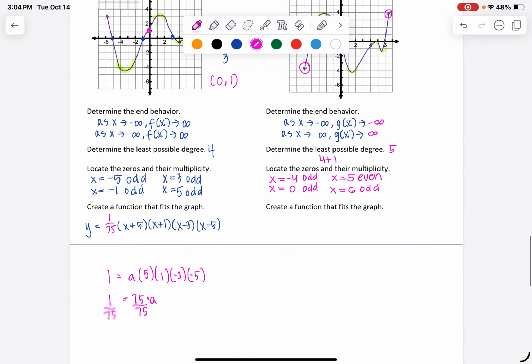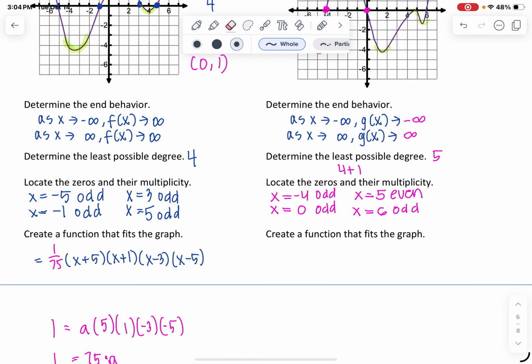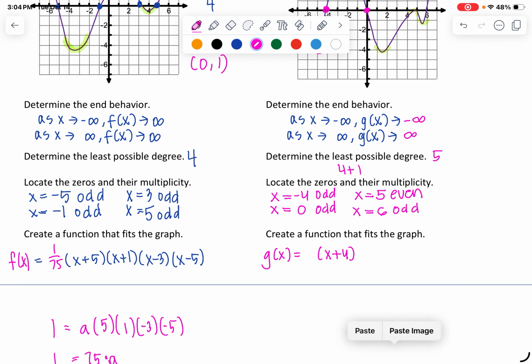All right, so I put y equals, this was f of x. Let me go back and fix this. F of x equals. And this one is g of x equals. Leave a space in case you have to squeeze in that leading coefficient. All right, so x plus 4 is a factor, which is odd, so I'll leave it as a 1. X is a factor, because x minus 0, right?